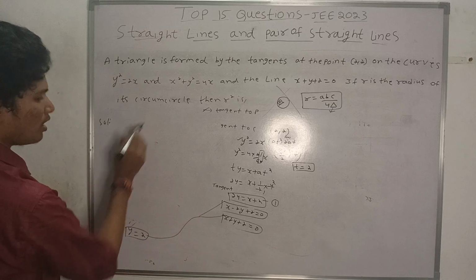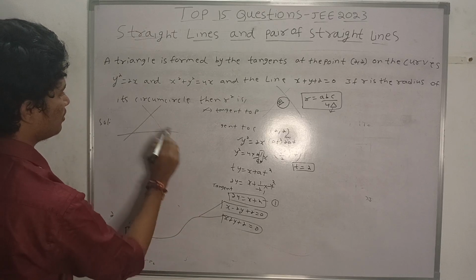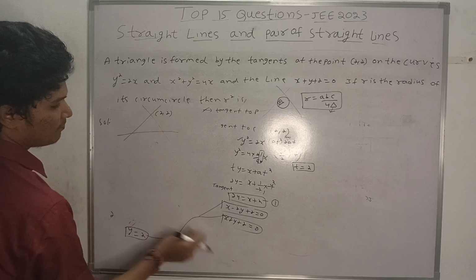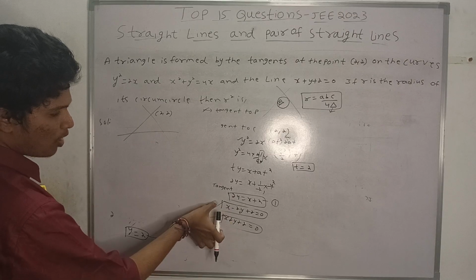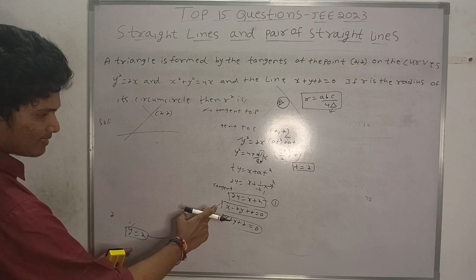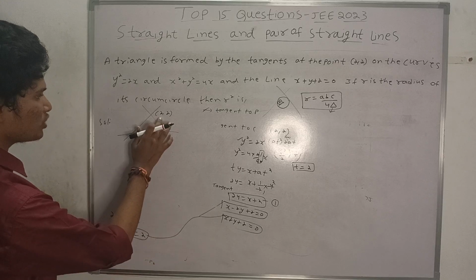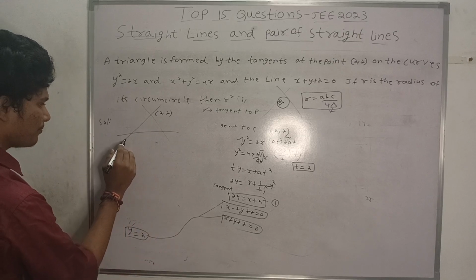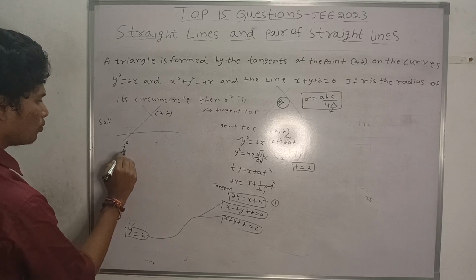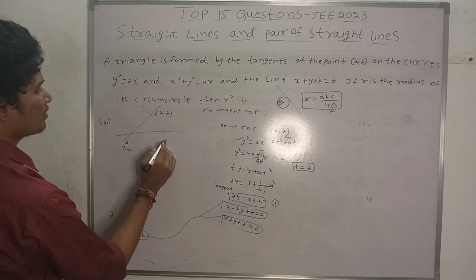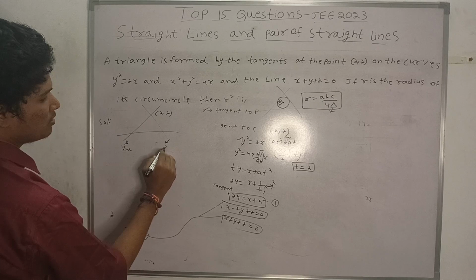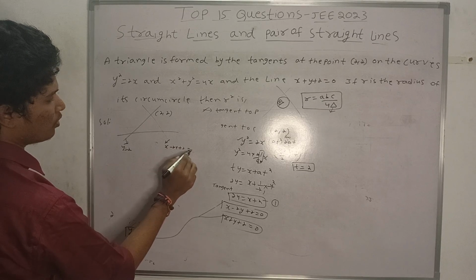So basically we have to solve for these points first. One point is (2, 2), we already know, because the intersection of these two lines is (2, 2). Simply we can get it. So this point is (2, 2), and then this line is y = 2 and this line is x - 2y + 2 = 0.